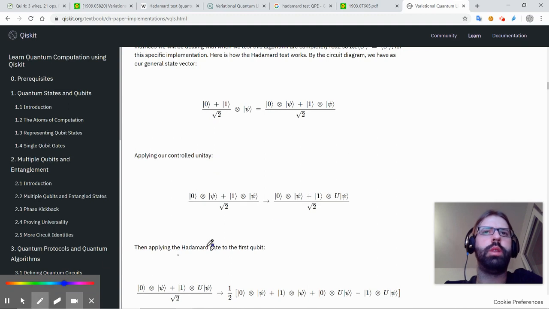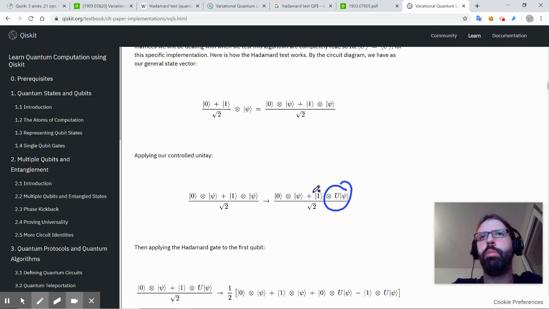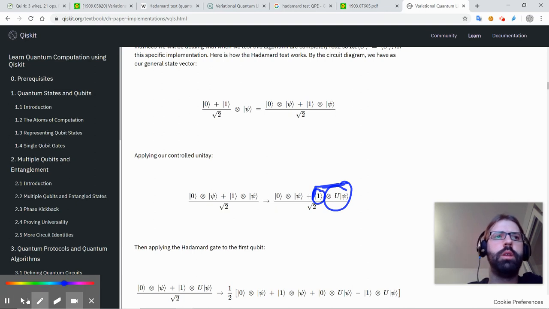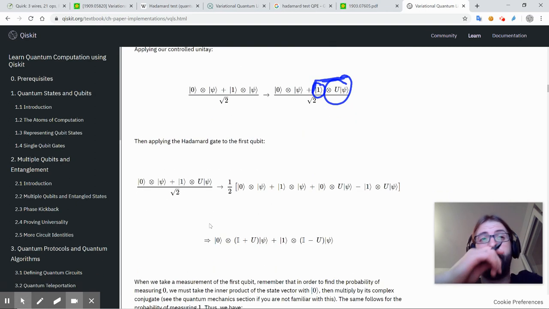So the idea is basically, you only apply the unitary in the portion of your state vector where the control is 1. That makes sense. And then by applying the Hadamard gate to the first qubit, these minus these. So this turns into this thing.